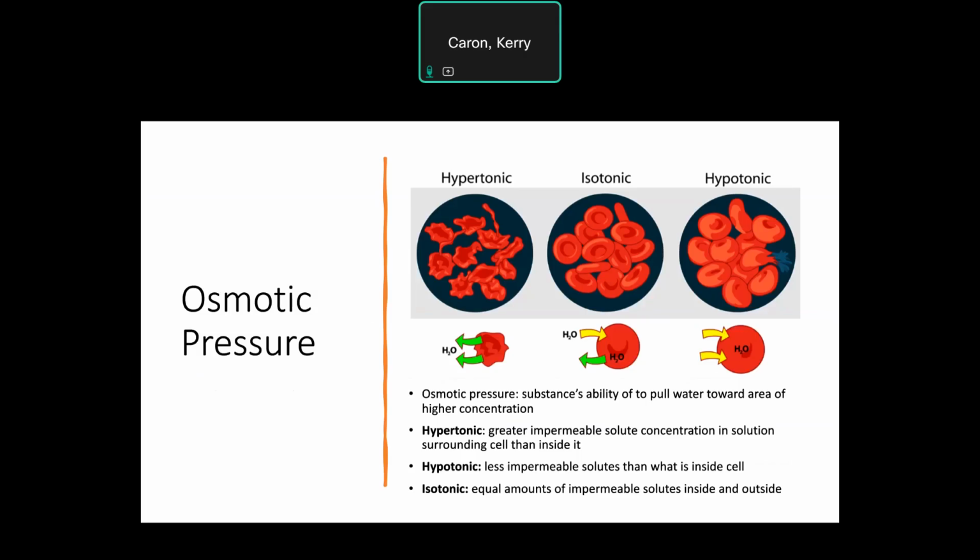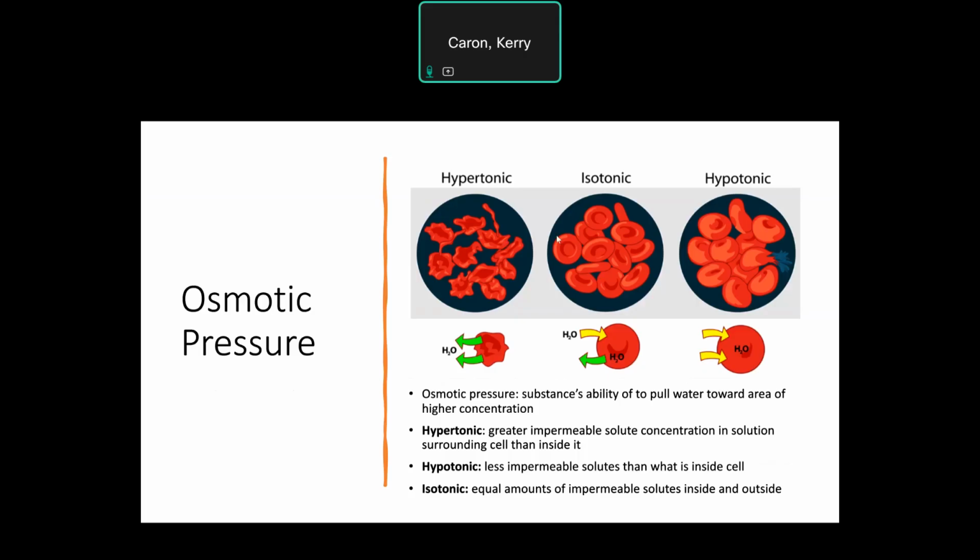It wants to kind of dilute that strong solution. So if we put a red blood cell in a hypertonic solution, water gets pulled from the cell and shrinks the cell. And that's when you end up with these prune-like red blood cells.